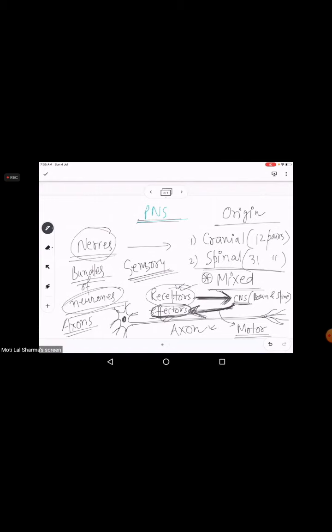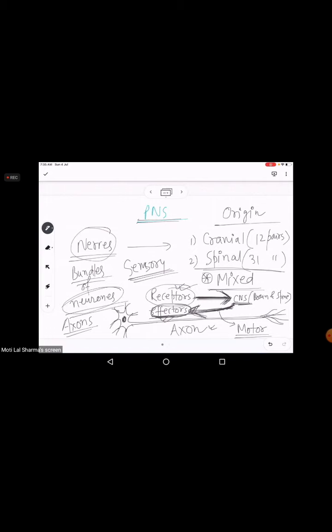Then effectors respond, and effectors can be your muscles. Effectors can be your glands. If a small boy is hit hard, then that boy will not be hitting back. That boy will be crying. That time his glands are active. But if somebody hits you, then you'll be hitting back. Your muscles are active.